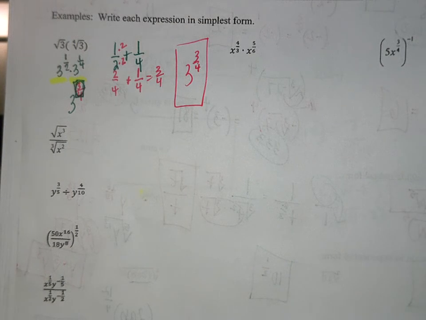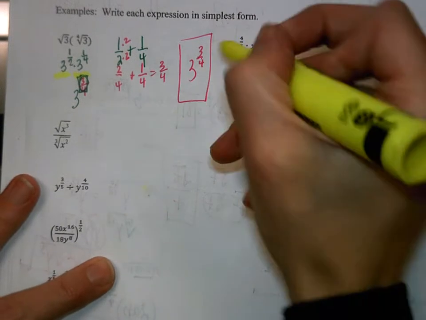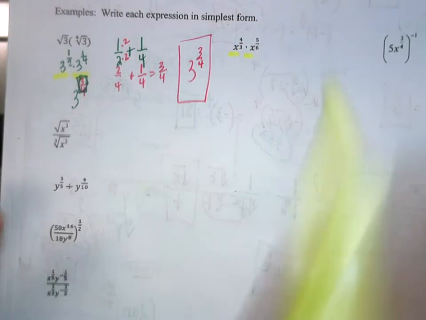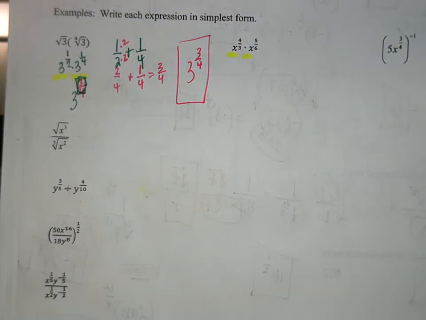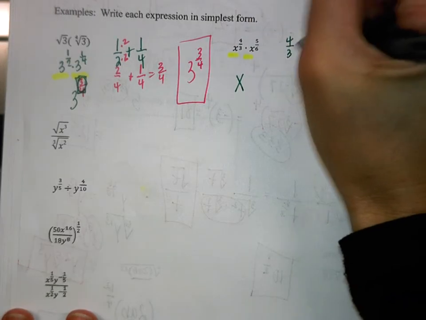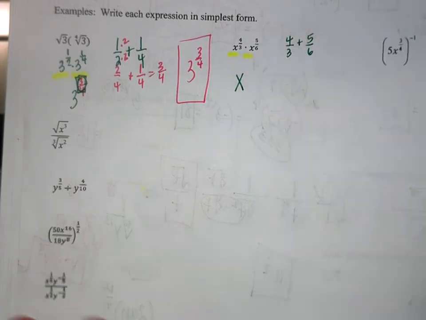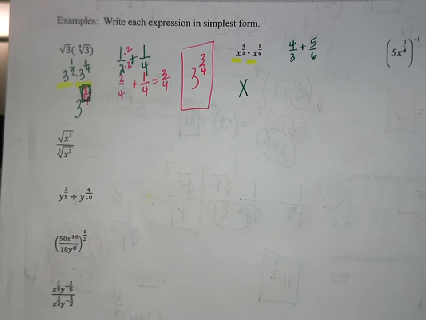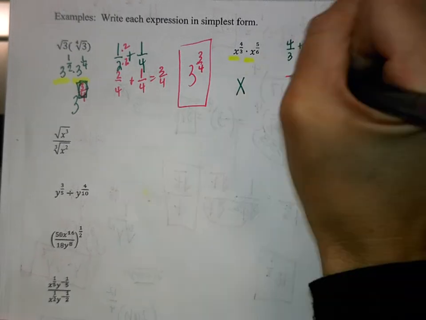I'm going to rewrite that because you can barely see it. Okay, next one. Do these have the same bases? So what does that tell us? We can add them together. So in my answer, my base is going to be what? X. But in order to find out the exponent, I have to add. So 4/3 plus 5/6. What would be my common denominator? 6. Okay, so I'm going to rewrite both of these with denominators of 6.